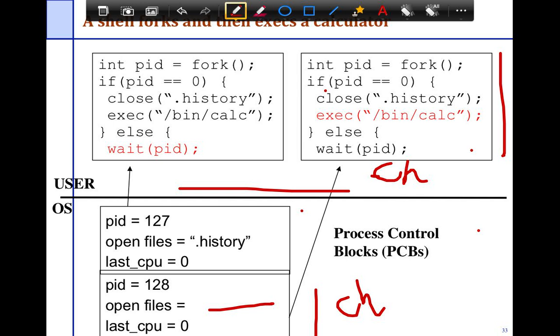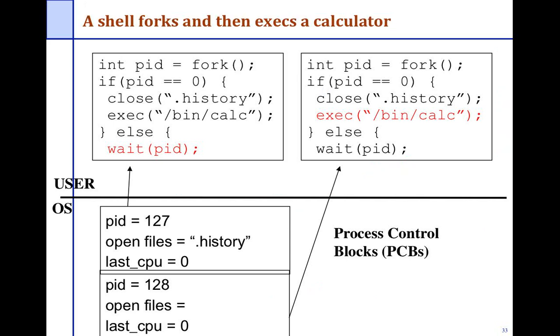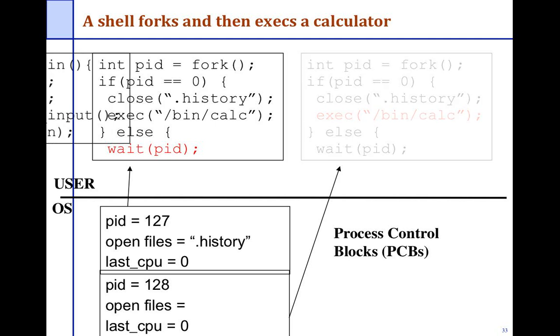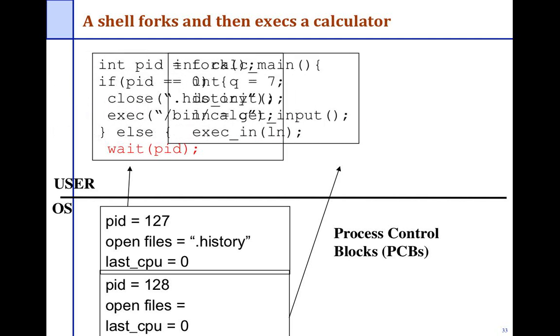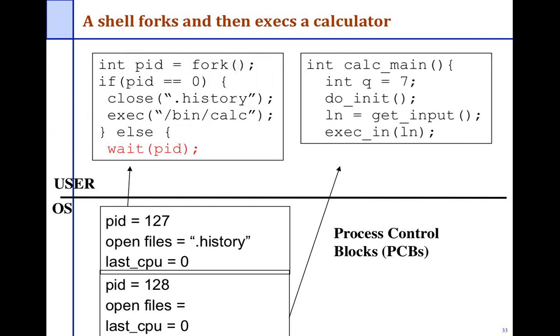And now when there's an exec, the calc program starts running, all the open files have been closed, and the new program that's running is really calc. When that happens, you've replaced the child process with the calc main. So you've got a whole different program running at this point.